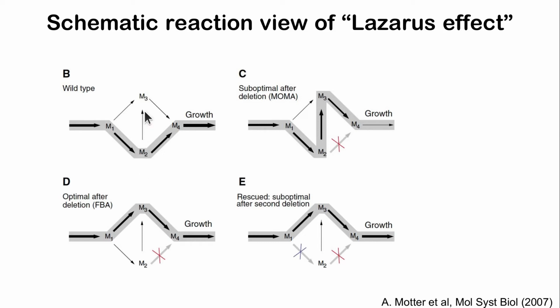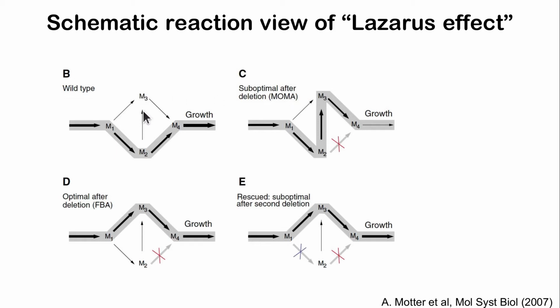Meanwhile, we can imagine that this pathway M1, M3, M4 corresponds to M1, M2, M4 but works slightly less efficiently. We can also turn M2 into M3 and then into M4, but this reaction that turns M2 into M3 is hugely inefficient and will come at a great expense to growth.